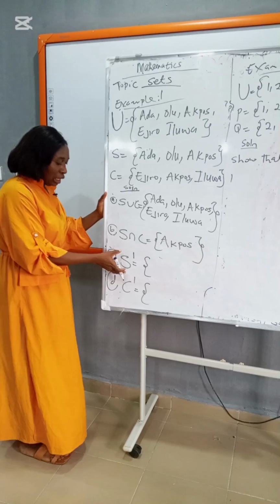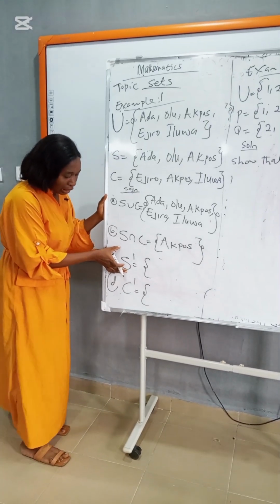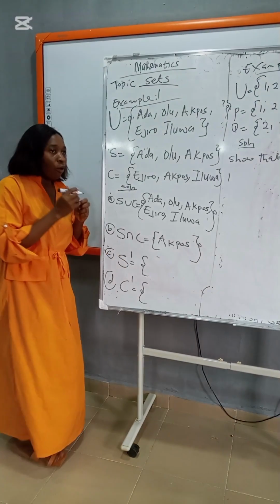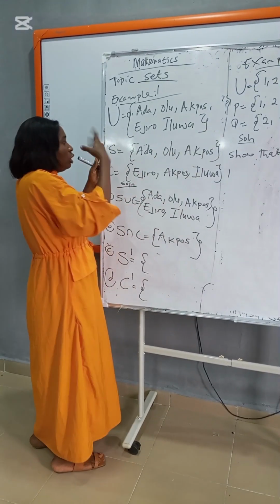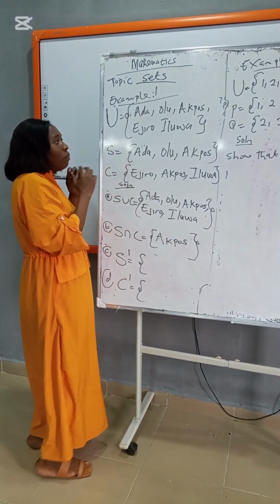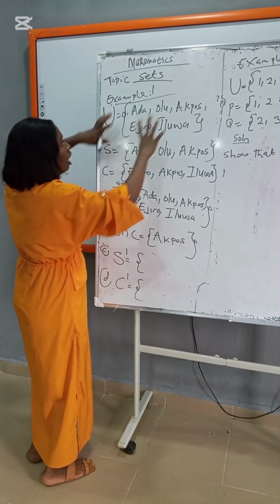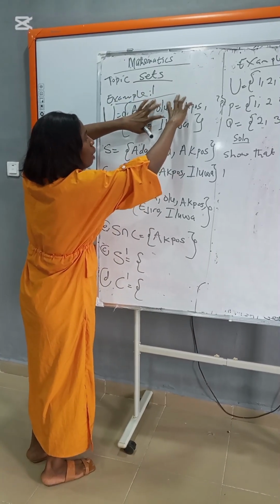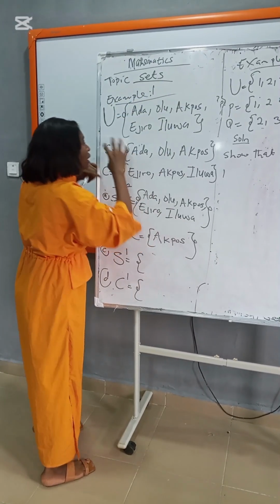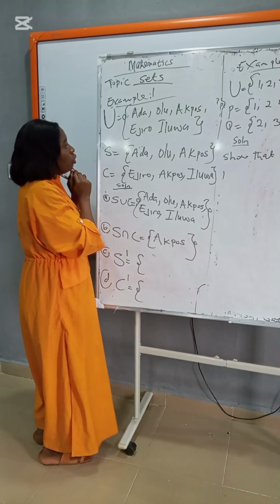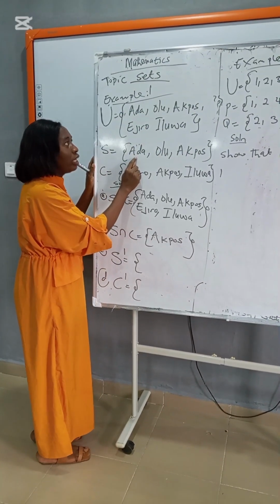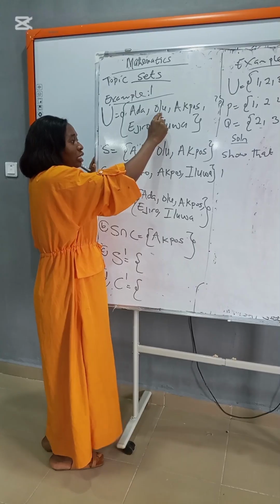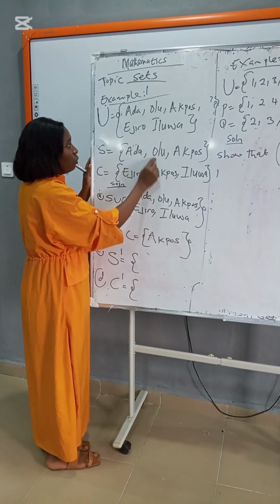Complement means we are looking for the set S complement. When we say complement, this is set S on its own. So for me to find the complement of S means the names that are found in the universal set, but we cannot find them here in set S. So now, look up. I have Ada here in the universal set, it is appearing here. I have Olu here, it is appearing in set S from the universal set.